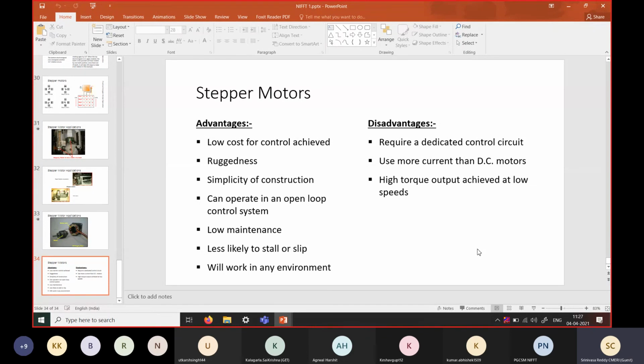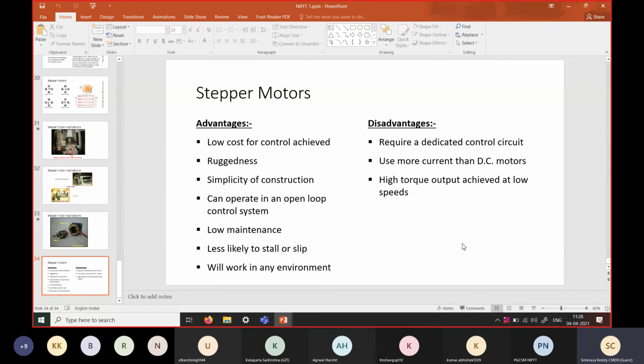The disadvantages include that they require a dedicated control circuit, because they only want these codes as input: 10100101. The length of that code depends on the number of windings on the stator.